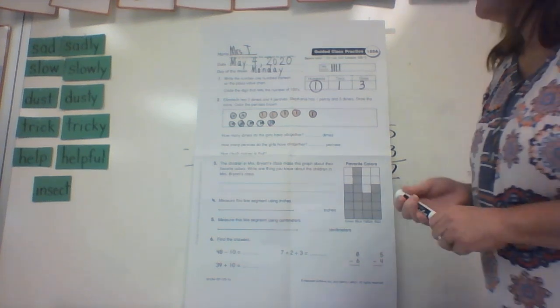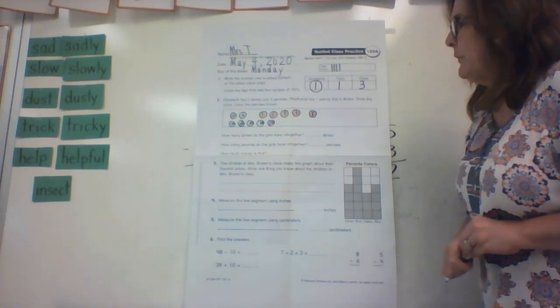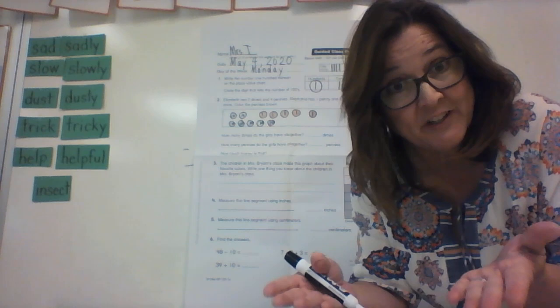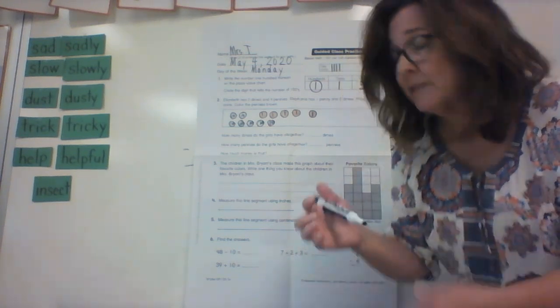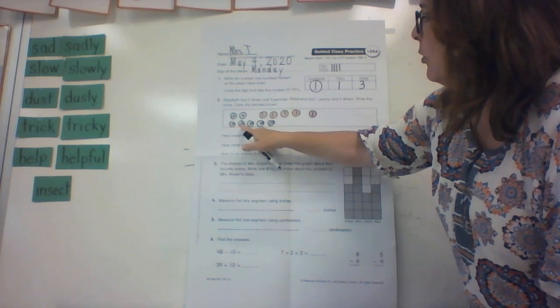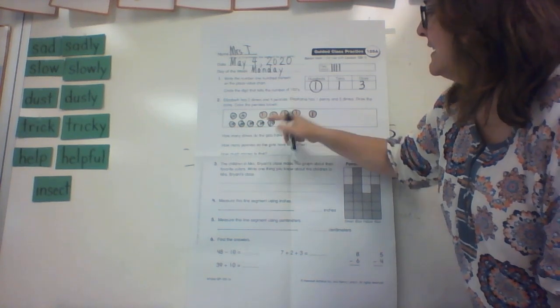Okay, now, how many dimes do the girls have all together? Not how much money, just how many dimes. I just need to count all the dimes. Here we go. 1, 2, 3, 4, 5, 6, 7.